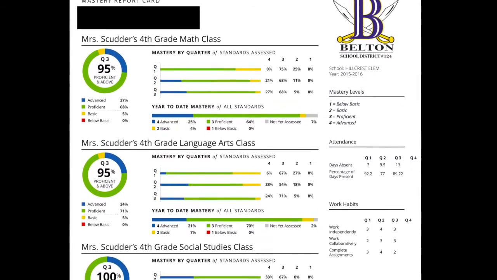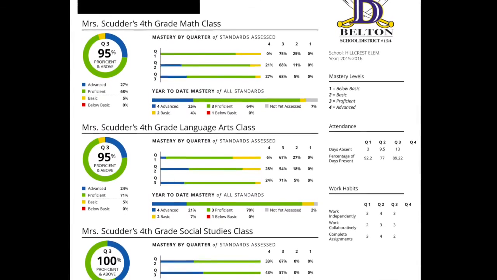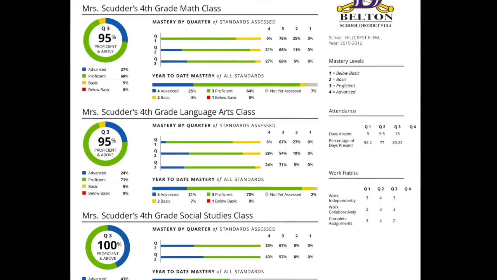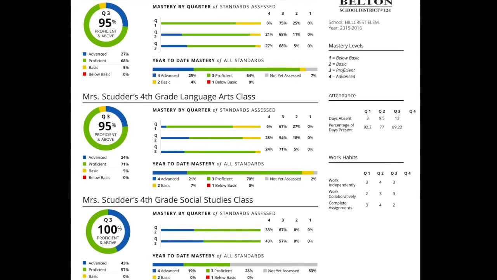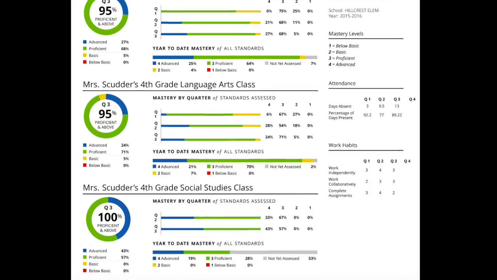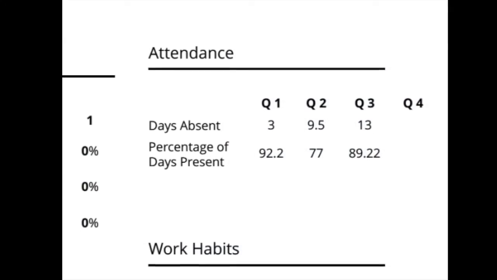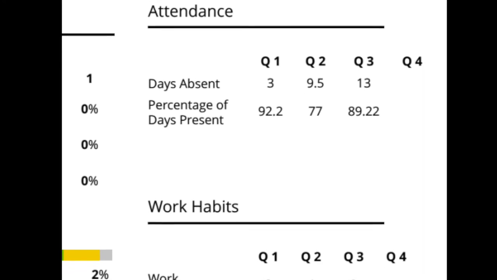So option number one would be to keep exactly what we had last year. Here's an overview of what the report looked like. We had our colorful circles for each tracker showing the percentage of what standards students had mastered for that specific quarter. And then on the right hand margin, we had some different information, including attendance information, listing days absent, and the percentage of days present by quarter.